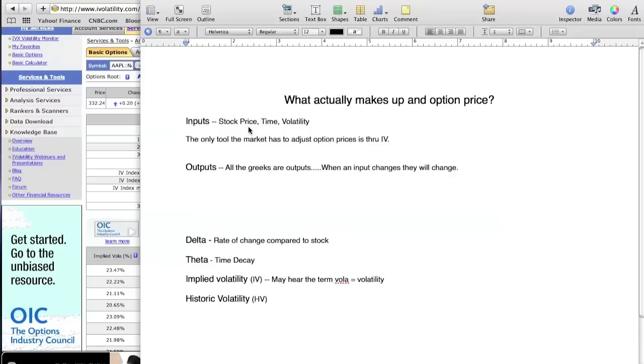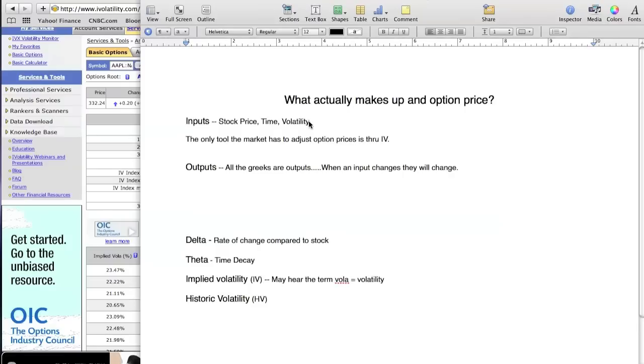So the stock price is one input, time is another. How far away is this option? How close is it? And volatility. Volatility is looking out 30 days and it's saying, without getting into the standard deviation stuff like that, how big of a move in the next 30 days is a stock going to make, up or down?